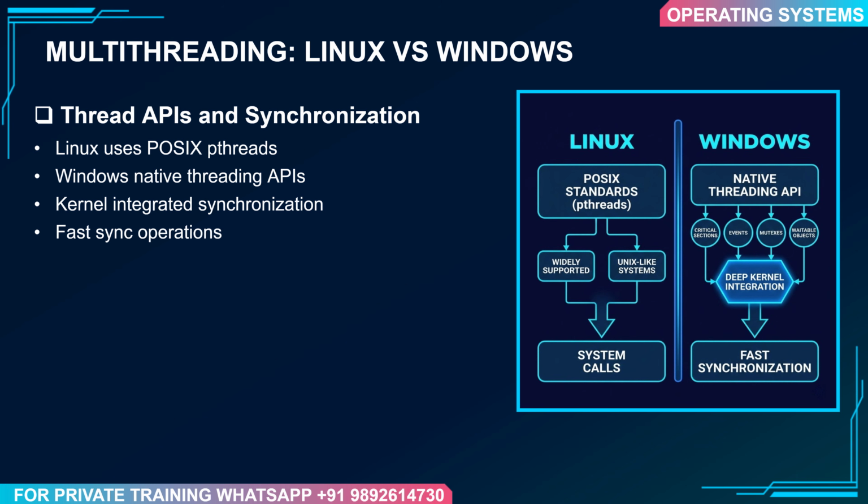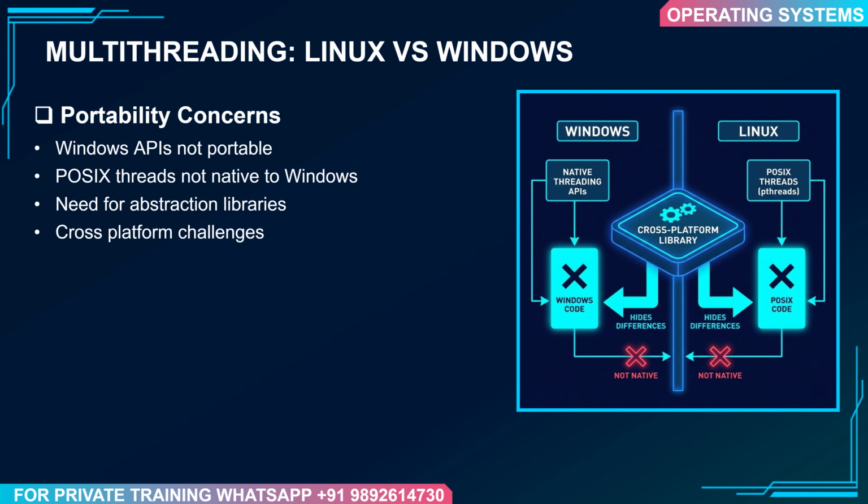This tight integration often makes synchronization operations very fast on Windows. However, portability becomes an issue. Code written using Windows threading APIs does not run natively on Linux. Similarly, POSIX thread-based code does not directly map to Windows without compatibility layers. This is why cross-platform applications often rely on higher-level libraries that hide these differences.